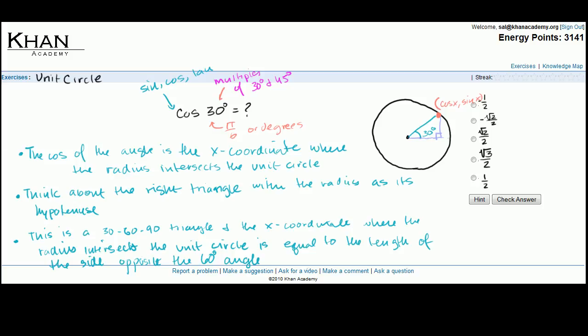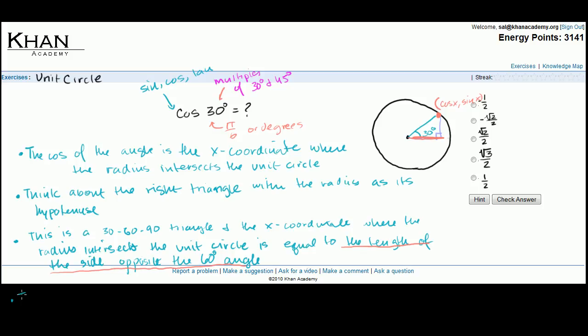And here we might want to do a little color coding if it's not too difficult. We might want to color code that and color code this length right there so that that side is what we are talking about.